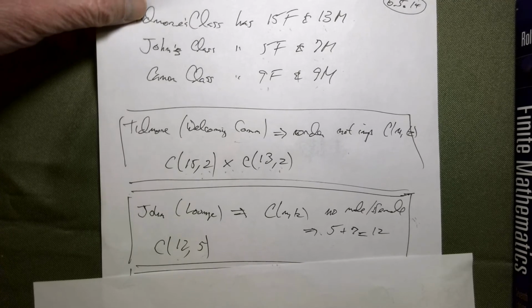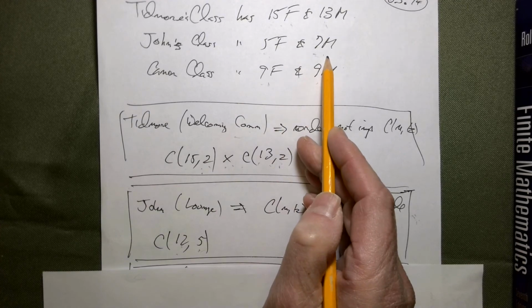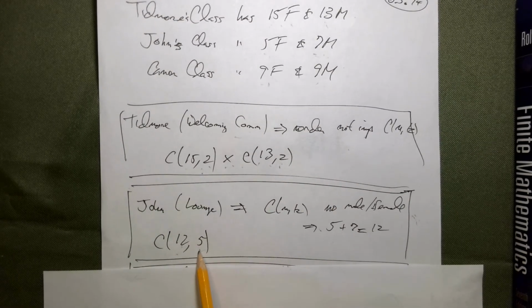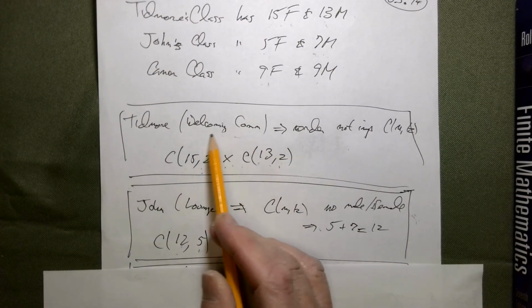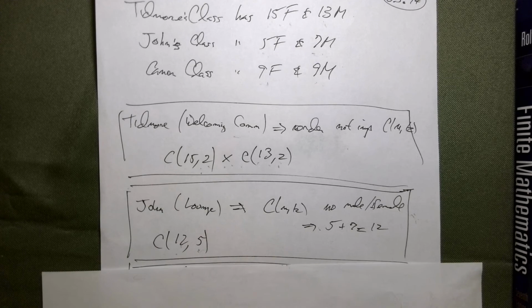The next thing: we have 12 students, right? 5 and 7, and you just provide 5. No order of importance. So we're dumping both of them together and just picking out 5. Now remember, this has to happen, and this has to happen, and the next thing. Those are going to be multiplications.